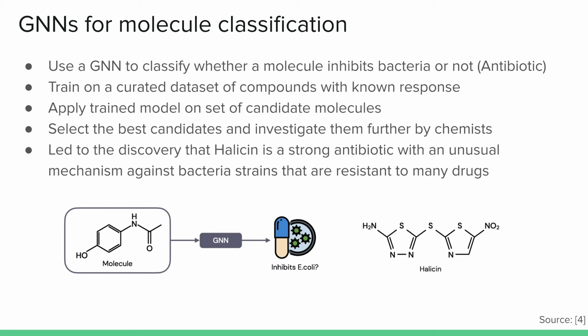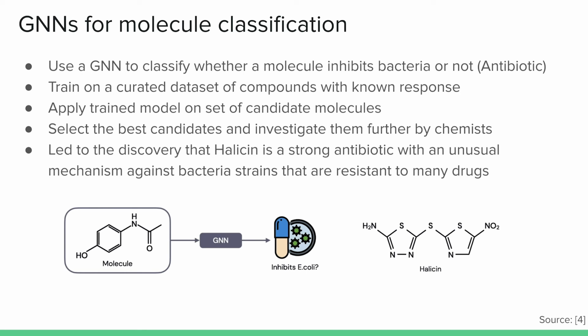So we can train on a curated dataset of compounds where we know the response, where we know this has a certain effect on that bacteria. Once we've trained this model, we can apply it to a set of candidate molecules, and we take, say, the top 100 and give them to some chemists to investigate further.